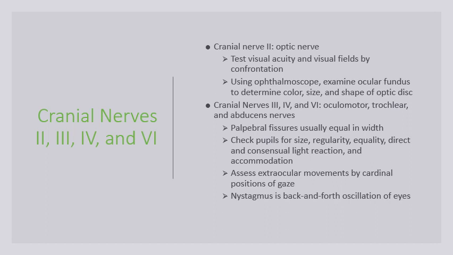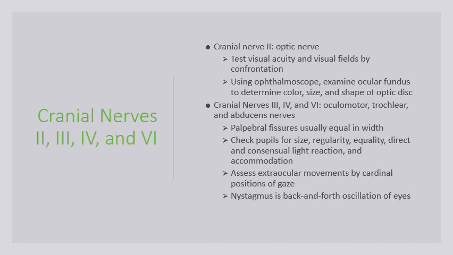Cranial nerves 3, 4, and 6 are the oculomotor, trochlear, and abducens, and these test the pupillary movement, extraocular movements, and pupillary constriction and consensual light reaction and accommodation.